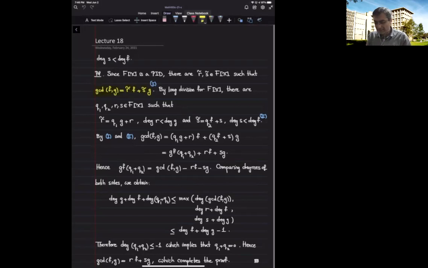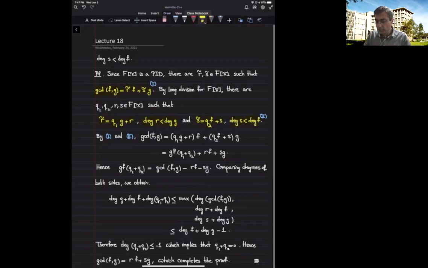So let's do that. Using long division, we end up writing r tilde as a multiple of g plus remainder. And being the remainder means degree of r is strictly less than degree of g. It is in the range that we are interested in. Similarly, s tilde can be written as a multiple of f plus a remainder, and remainder means that degree of s is in the range that we are interested in.